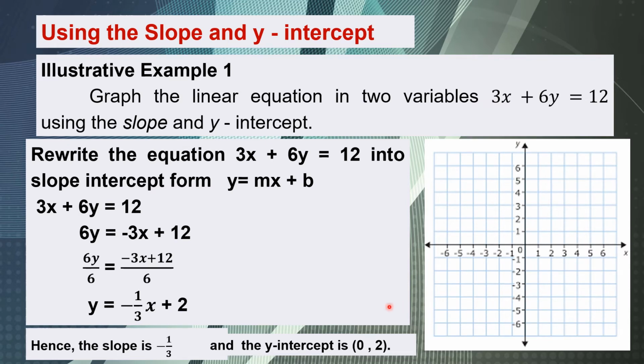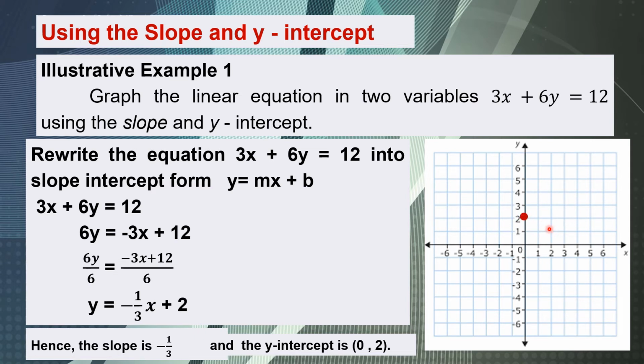Unahin nating i-plot lagi ay ang ating y-intercept, which is (0, 2). So 0 nakatapat sa x-axis, nandito yung 0, at yung 2 ay nakatapat sa ating y-axis. So andito yung ating point na (0, 2).